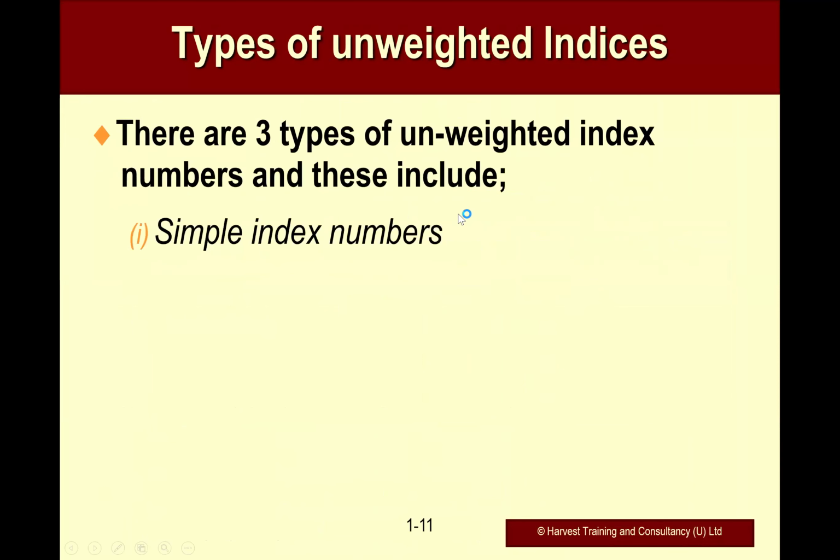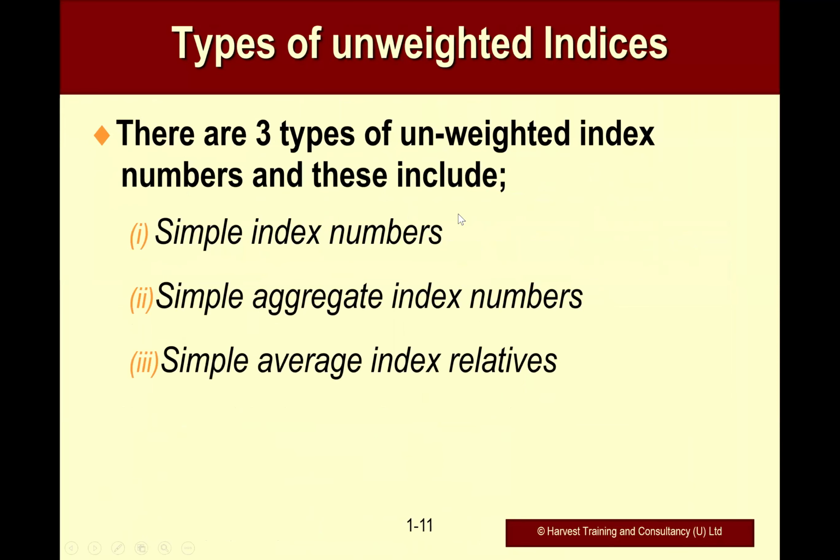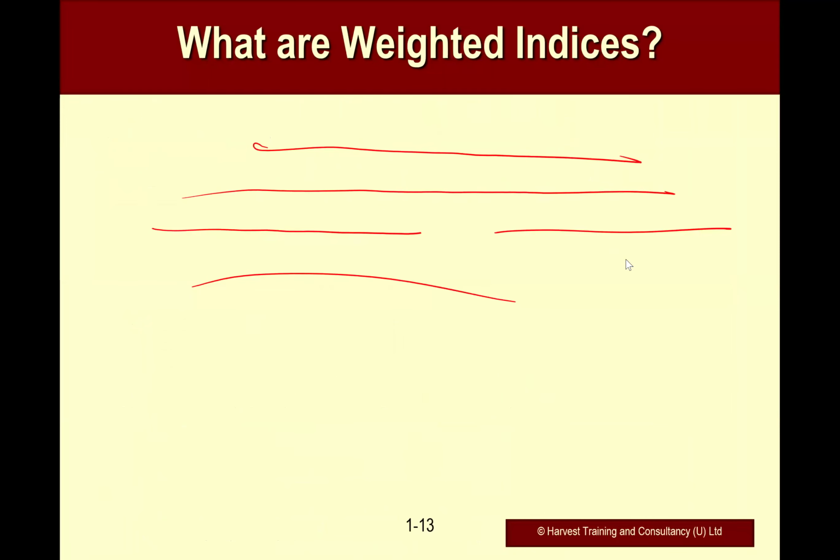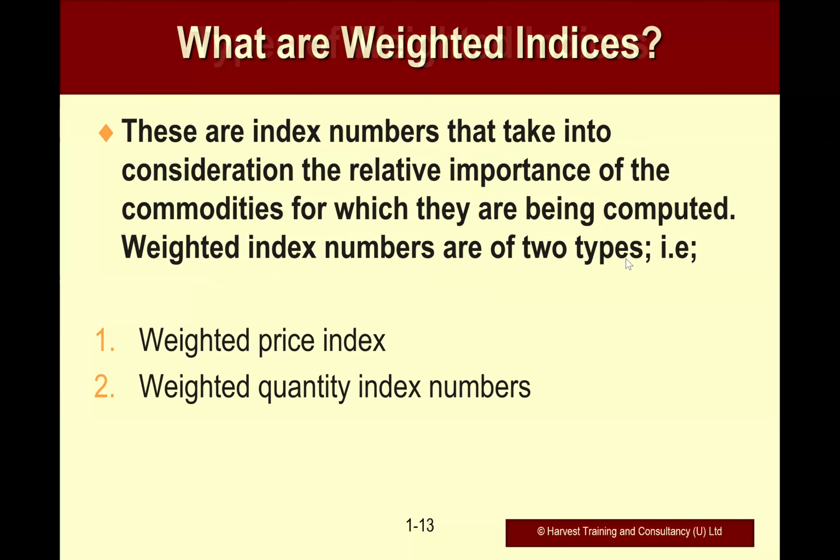Okay, in the types of unweighted index numbers, there are basically three. We have what we call the simple index number, the simple aggregate index number, and then the simple average index number. So we have those three, and I request you to take time and look at the formulas of those three classes. Then under weighted, we have several of those.